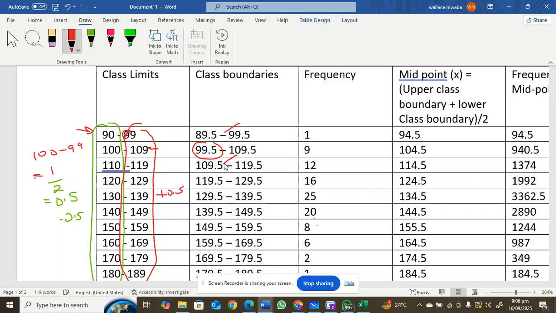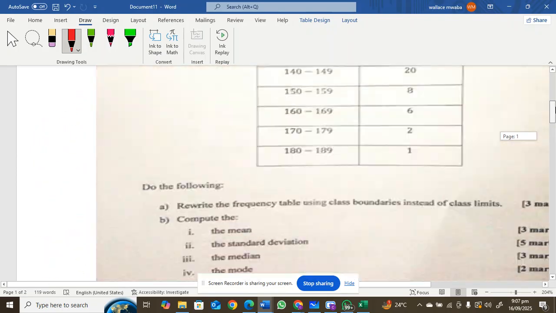Then the next class goes from 109.5 to 119.5. So basically, we've closed the gaps between the classes. That's the purpose of the class boundaries. So that's part A. We've made our class boundaries.